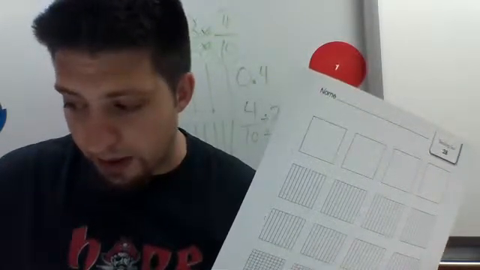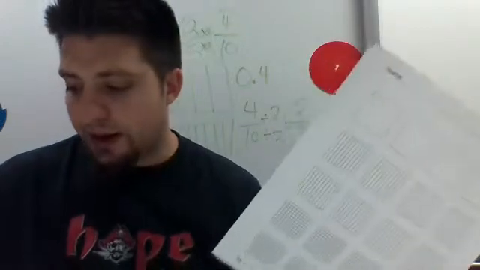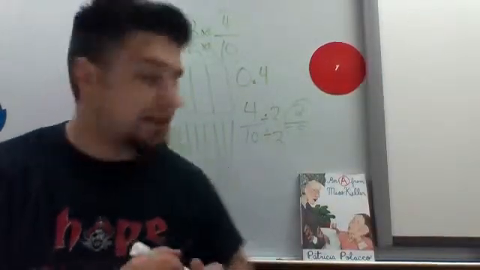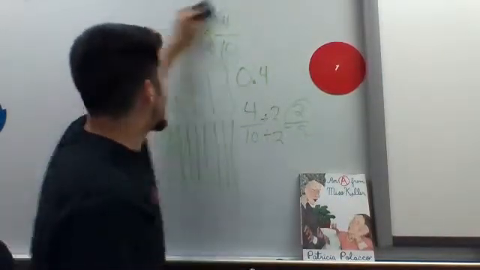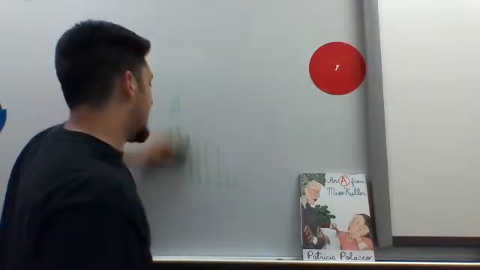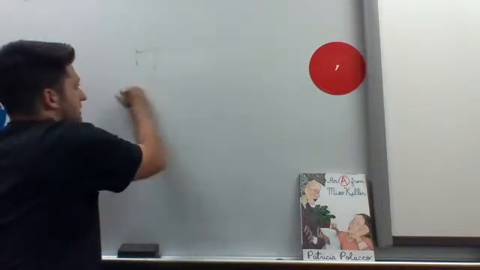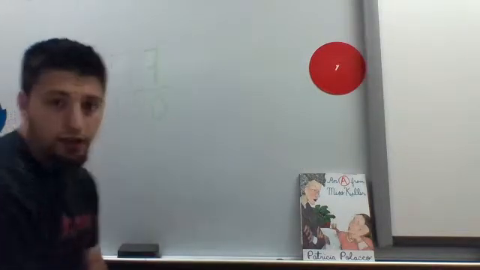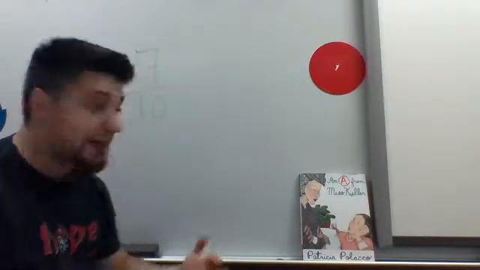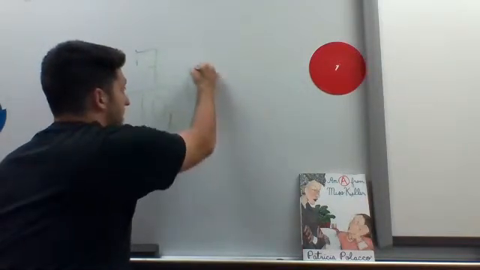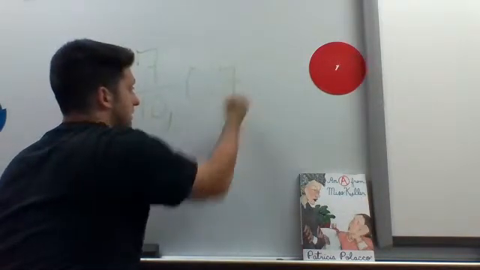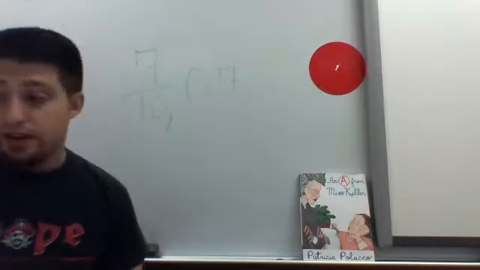I don't know if I said 7, I meant 8. So it's got 7 out of 10 boxes shaded. So as a fraction, if it has 7 out of 10 boxes shaded, then that is equal to 7/10. Now, if I'm going to write 7/10 as a decimal, how am I going to write that? 0 and 7/10. Okay? It's pretty easy.